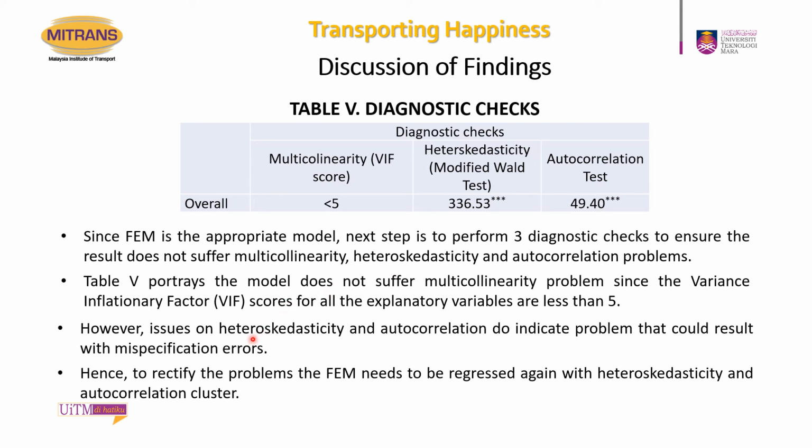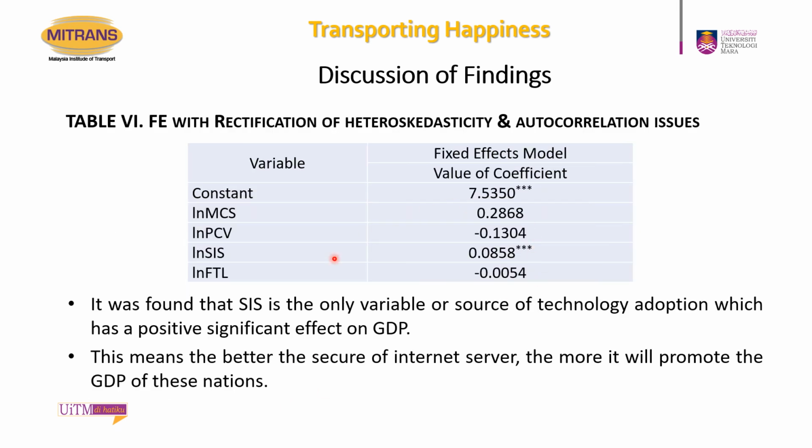Due to this, we have to rectify the problems. We regress again with heteroscedasticity and autocorrelation clustering to rectify the problems of the FEM. And based on table 6, we can see that only SIS is the source of technology adoption which has a positive significant effect on GDP.